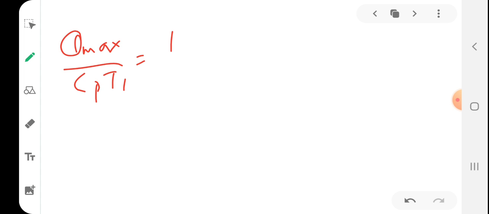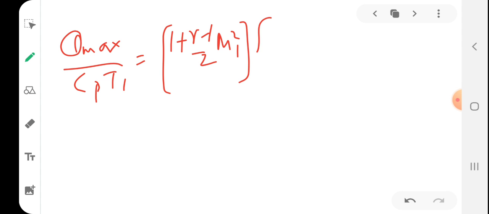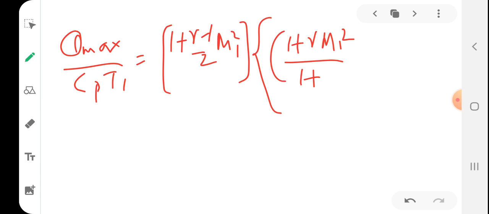M2 equal to 1. So Qmax by Cp T1 will be (1 plus (gamma minus 1) by 2 M1 square) and (1 plus gamma M1 square) by (1 plus gamma) only because M2 is 1.